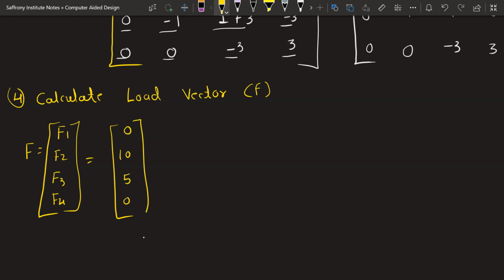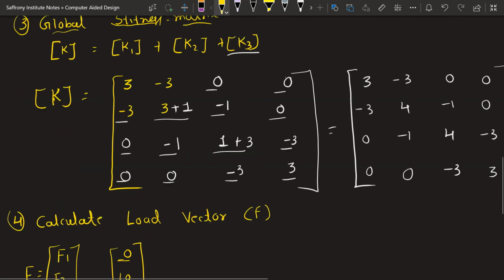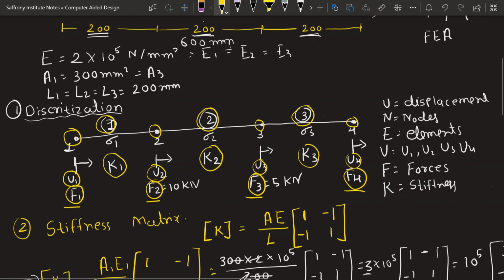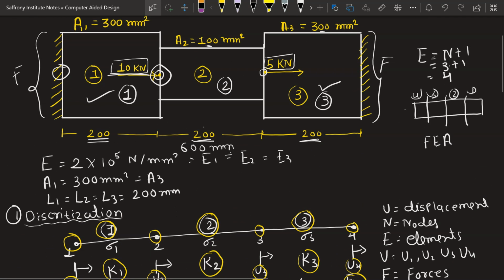How it came, let me tell you. F1 is 0. How is F1 0 here? See, this end is fixed. Now if this end is fixed, then the force acting at this point will be 0. Next, for F2, we put the value of F2 as 10 because it was already given in the figure.